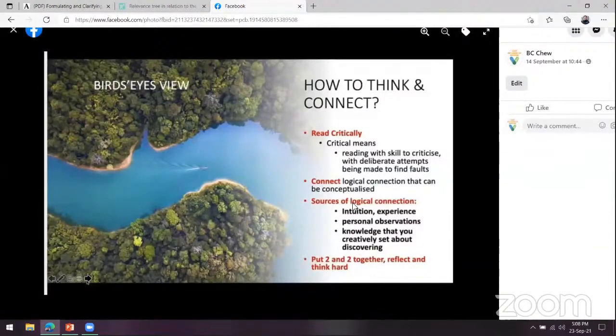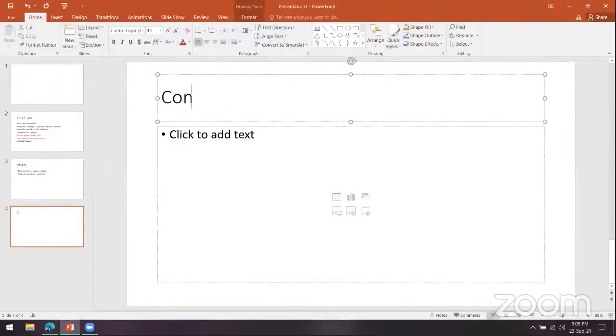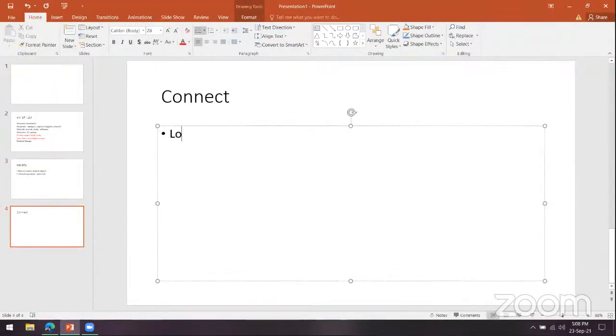That's the reason why we have to be logical, to make sure connections can be conceptualized. When you want to connect, you have to make sure that it is logical and able to be conceptualized.